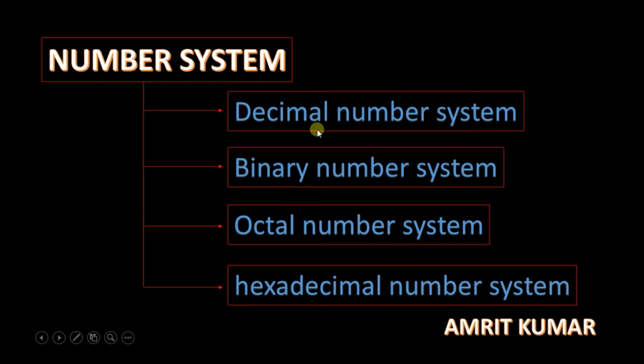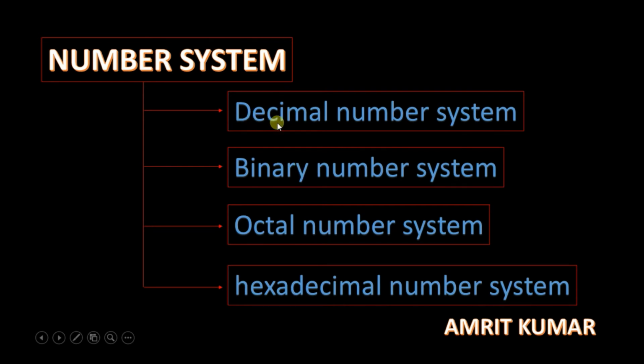And we have learned about the decimal number system, the binary number system, that computer understands only 0 and 1, the octal number system, and the hexadecimal number system.